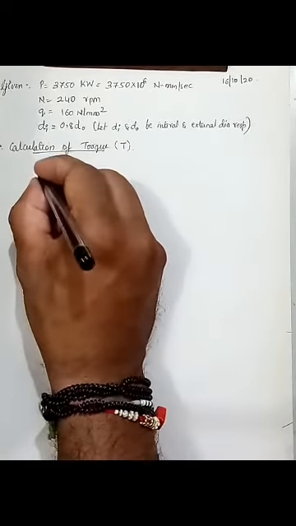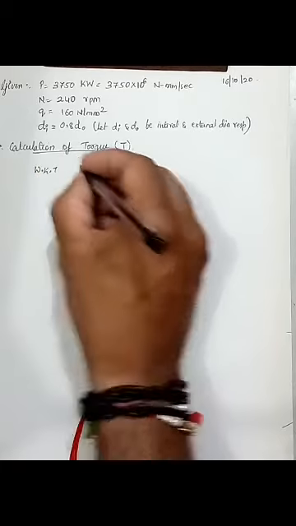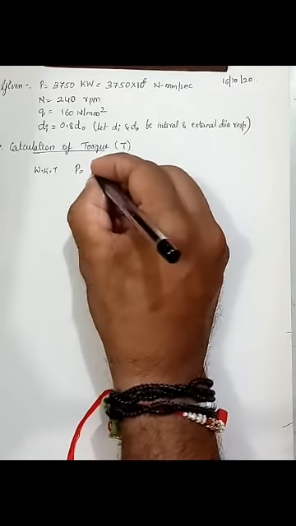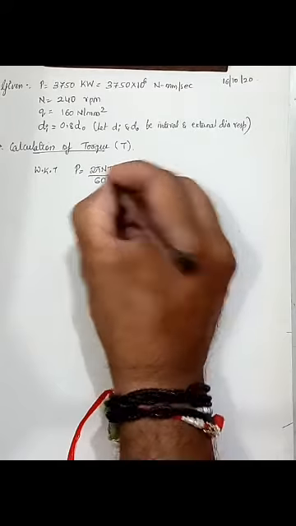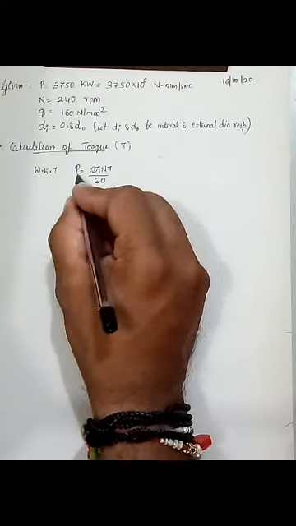We know that power P is equal to 2 pi NT by 60. So N is known to us, P is known to us.